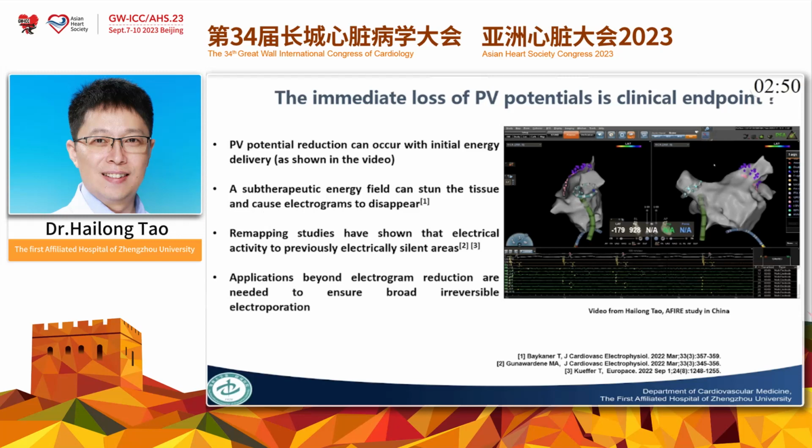Therapeutic energy fields can stun the tissue and cause the electrogram to disappear. When we do the remapping study, it has shown that electrodes activate in the previous electrode-silenced area. So we should do this more for each PV for the PFA application.